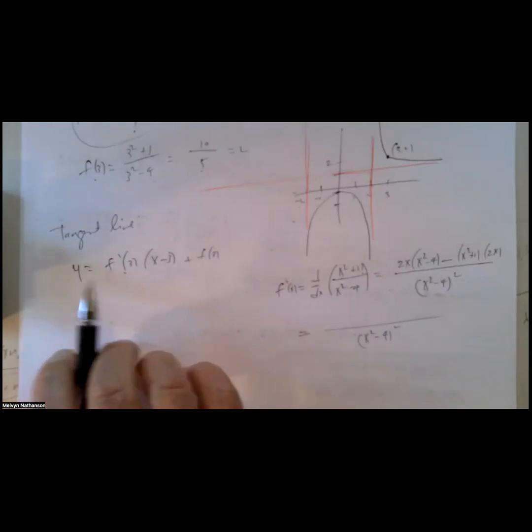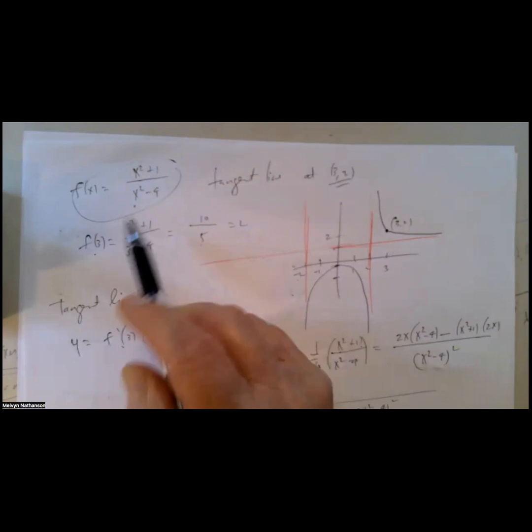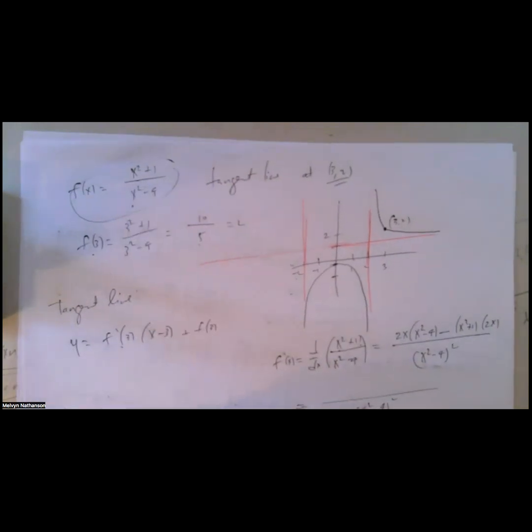Well, so this is my function. f of x equals x squared plus 1 over x squared minus 4.